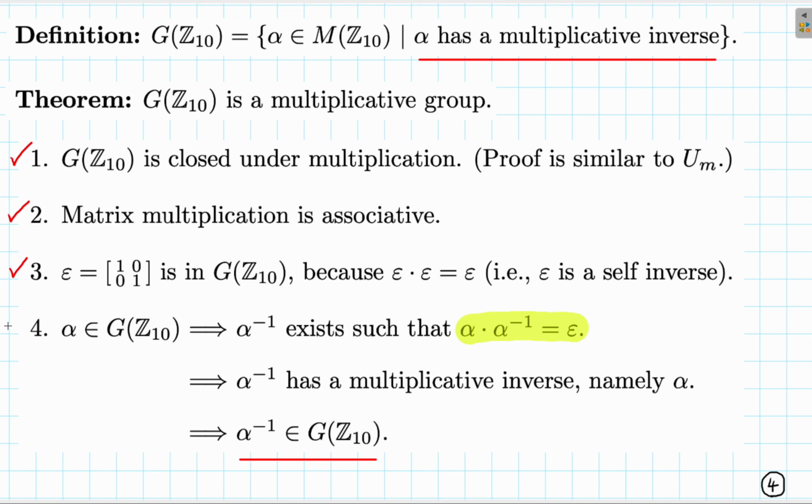And so that takes care of the inverse property. And so just as we showed that U10 is a group under multiplication, G of Z10 is also a group under multiplication. And the argument is very similar to the one that you would make for U10.